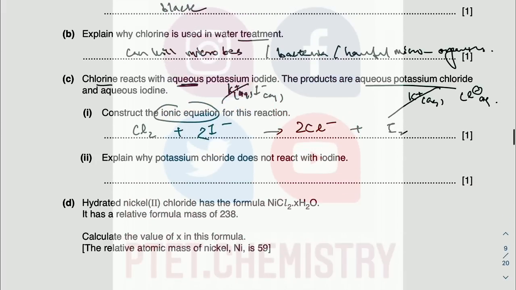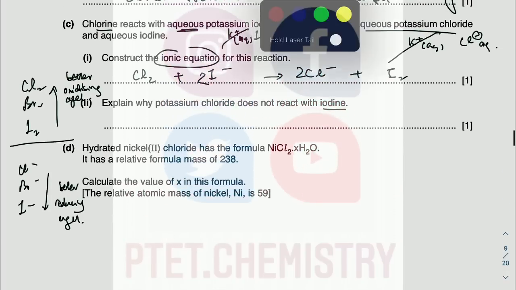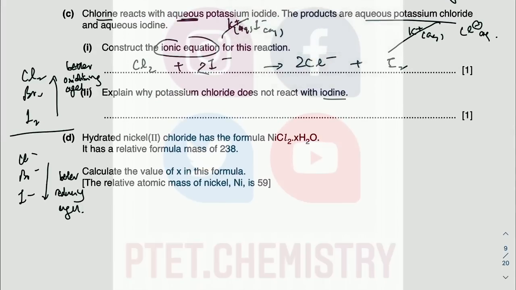Okay. So you should know that chlorine, bromine, iodine, going down, is a weaker oxidizing agent. And then chloride, bromide, iodide, down that series is a better reducing agent. So iodine is all the way down there. Iodine is a weaker oxidizing agent than chlorine. So iodine cannot oxidize chloride to chlorine.